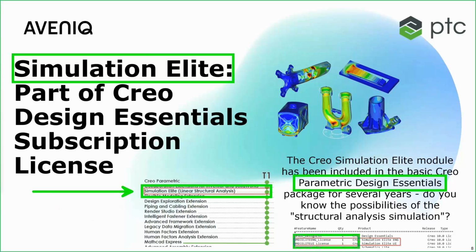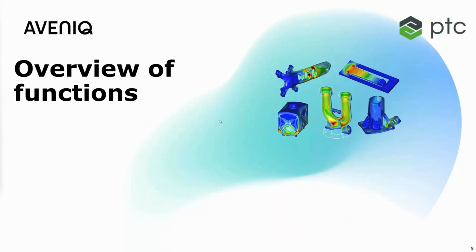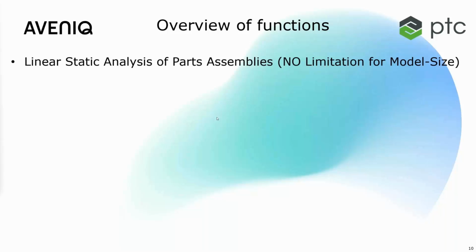You may find these strange topics in the license file. Most of you have never used Creo Simulation Elite, and I want to show you what's behind that tool and how easily you can use the advantages of this structural analysis tool within PTC.